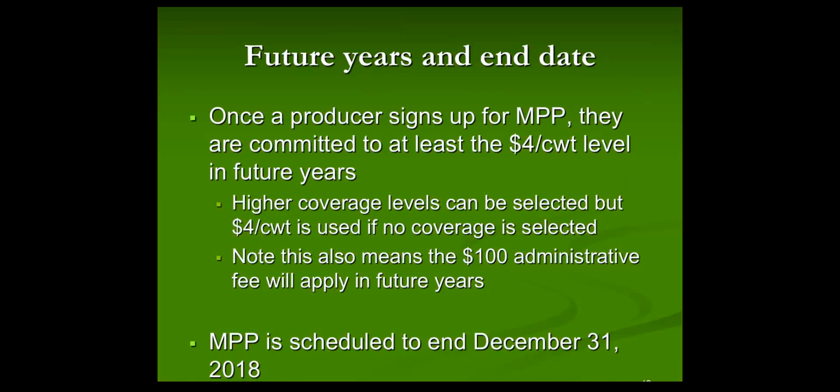So if you want maximum coverage in the future, it gives them just a little bit more coverage potentially if they want to. Okay. It's scheduled to end in December of 18 is the last year for the program.